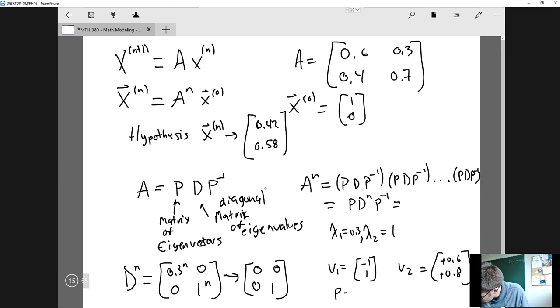Now, our P matrix was just the matrix with those two eigenvectors. And so when we multiply this together, we're going to get P times 0, 0, 0, 1 times P inverse. Let's see what happens when I do that in Octave.